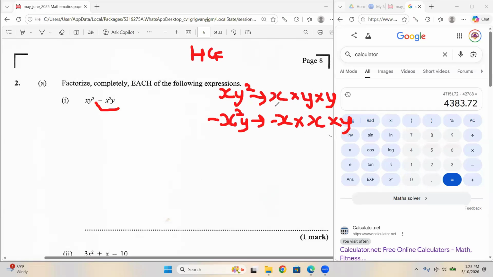Both of them have at least one positive x in common, so that will be part of their HCF. And they also have at least one positive y in common, so that will also be a part of their HCF. They don't have anything else in common, so the HCF for factorizing here is xy, open brackets.